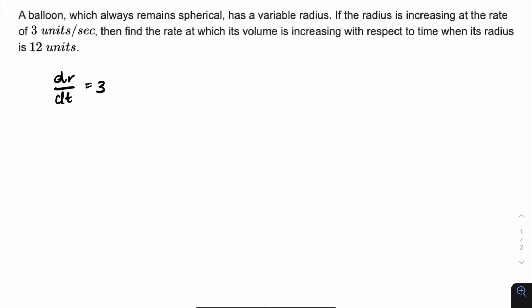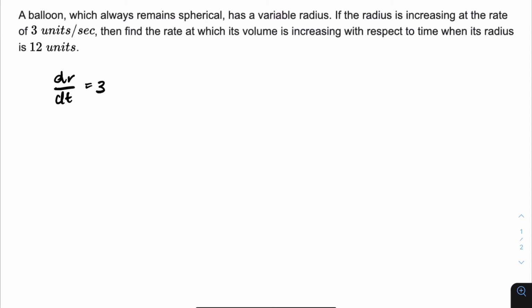But when we're looking at rates of change, or the rate at which something is changing, it is always dt at the bottom. That's very helpful to know. So we've been given that dr over dt is 3, which is a differential value because we're looking at the instantaneous rate of change.